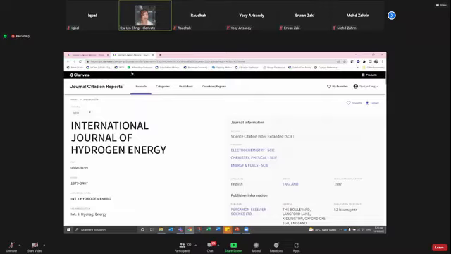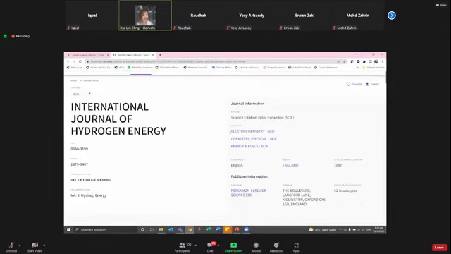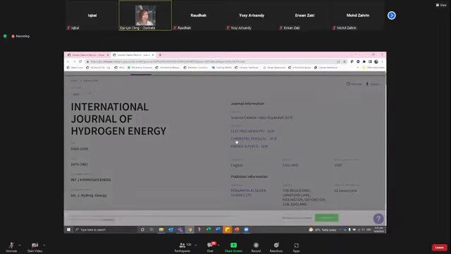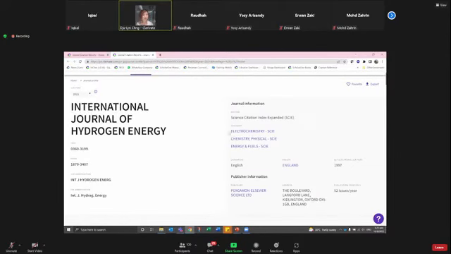On the journal's profile page, you will be able to see which subject category it falls under. The journals on Web of Science can be indexed in multiple subject categories. That's why this journal, International Journal of Hydrogen Energy, is in multiple categories: electrochemistry, chemistry, physical, energy, and fuels. At the back, you see SCIE.